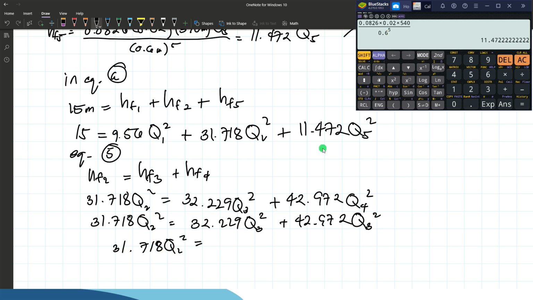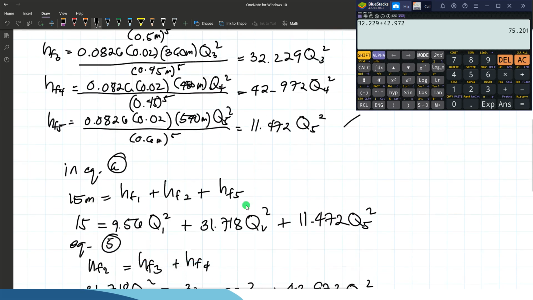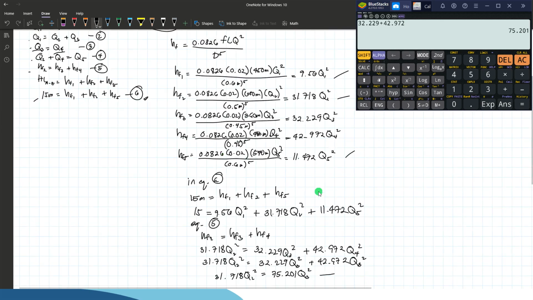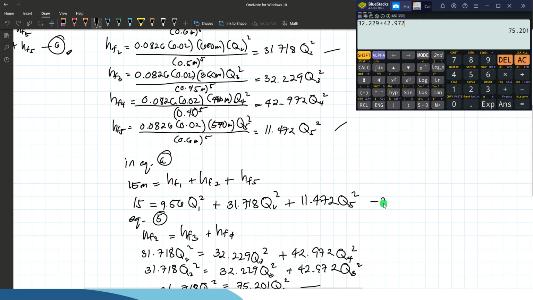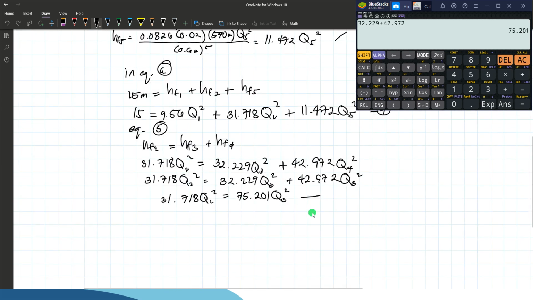Combine like terms, we have 31.718 q2 squared equals 75.201 q3 squared. So this is another equation that we formed. Let's say we have equation number 6, equation number 7. This one is equation number 7, this is equation number 8.